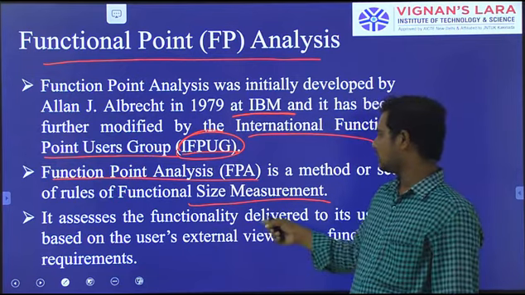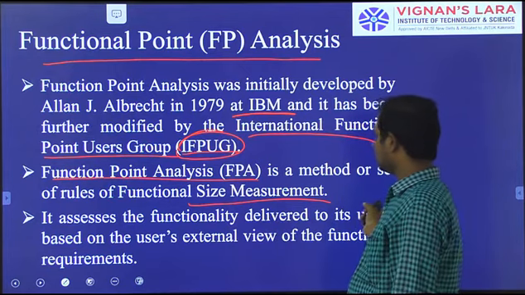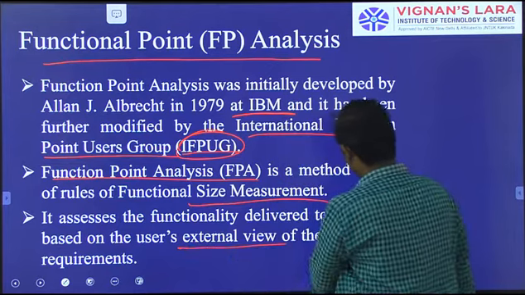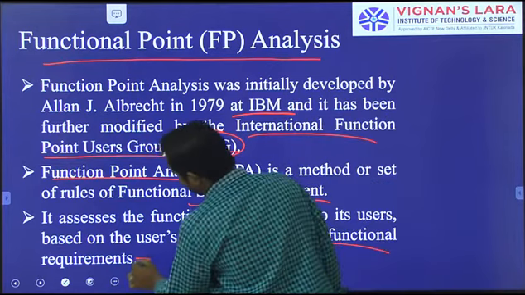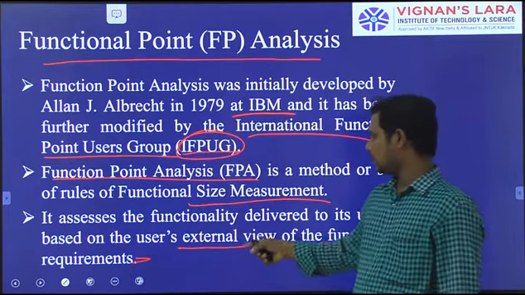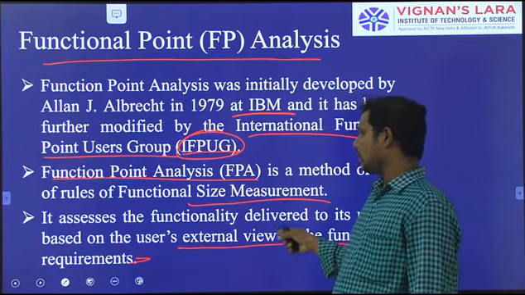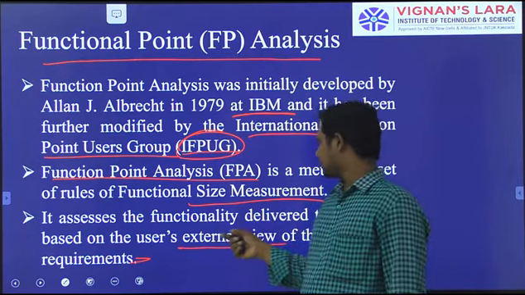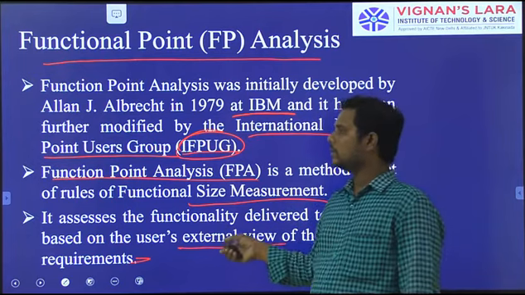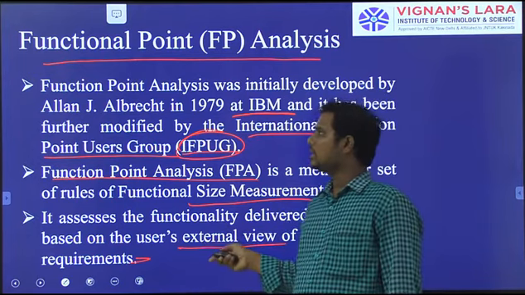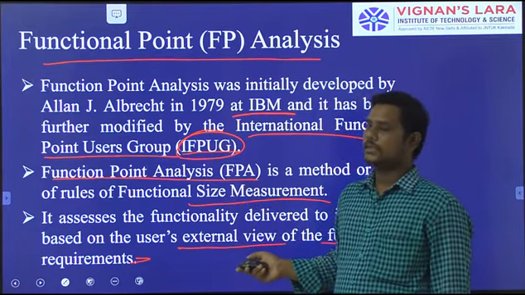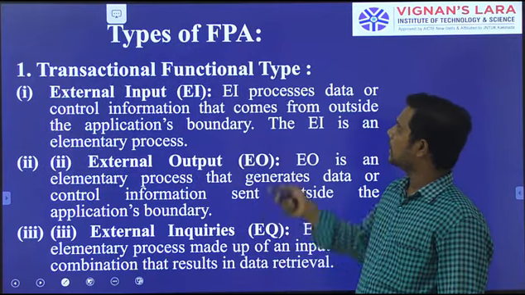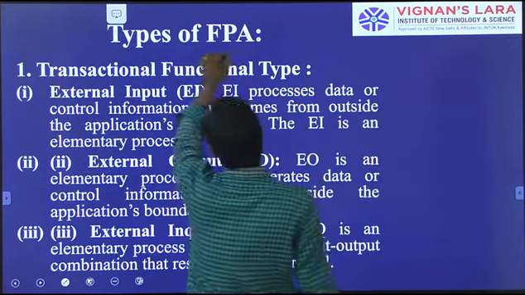It assesses the functionality delivered to its user based on the user's external views and functional requirements, and also the data types we are checking. So based on the requirements, we consider the function point analysis estimation.